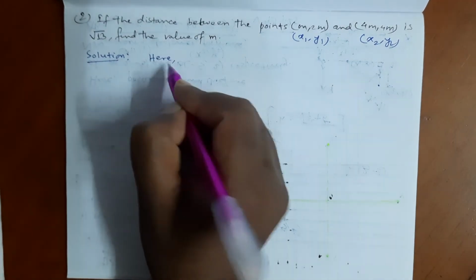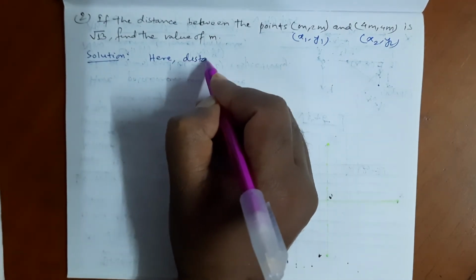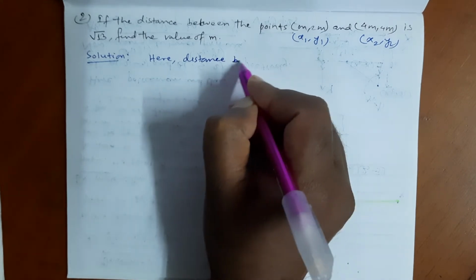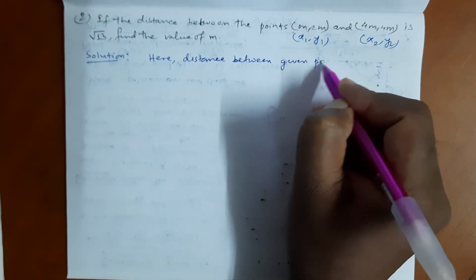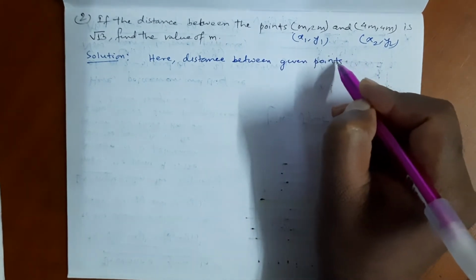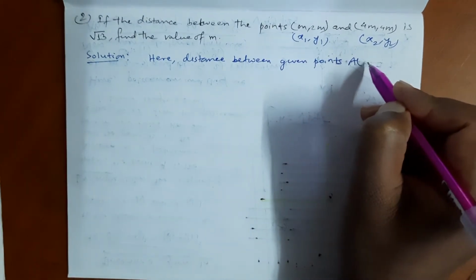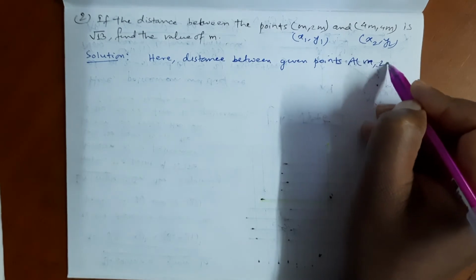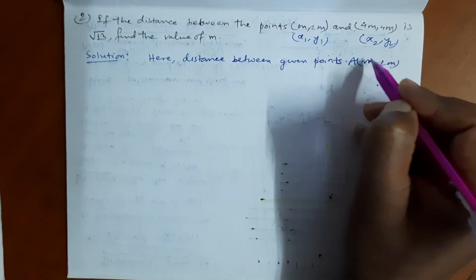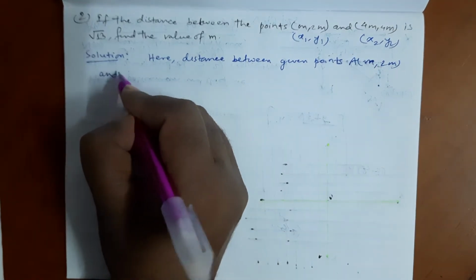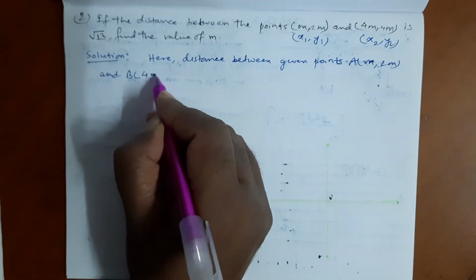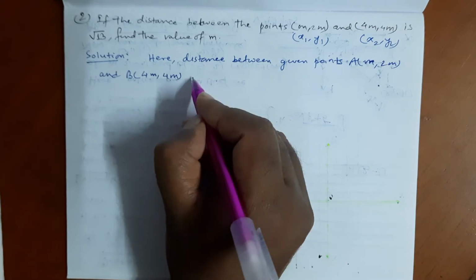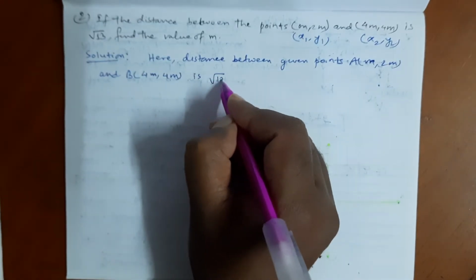Here the distance between the given points, we can suppose the first one to be A (m, 2m) and the second to be B (4m, 4m), is root over 13.